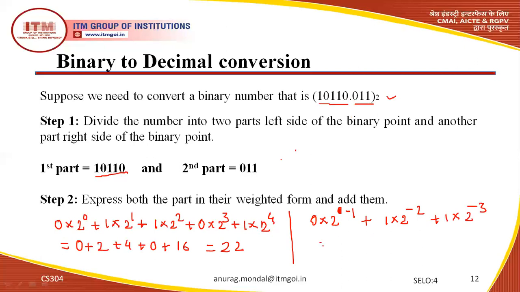So what we have, 0 plus 1 upon 2 to the power of 2 means 1 upon 4 plus 1 upon 2 to the power of 3 means 1 upon 8.